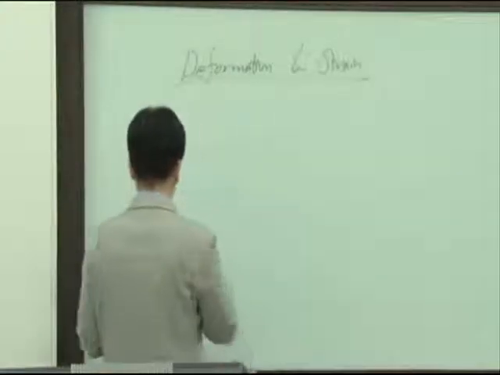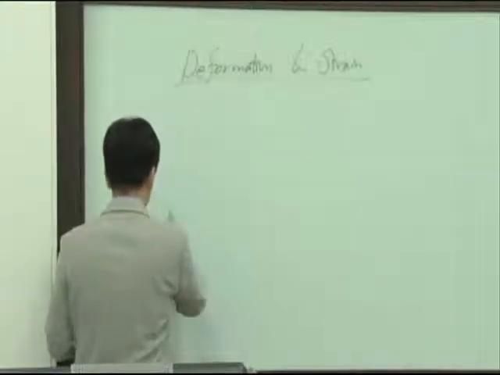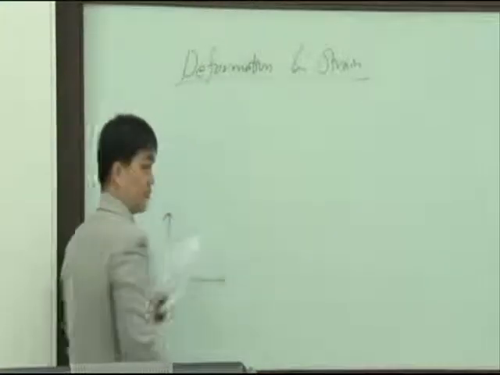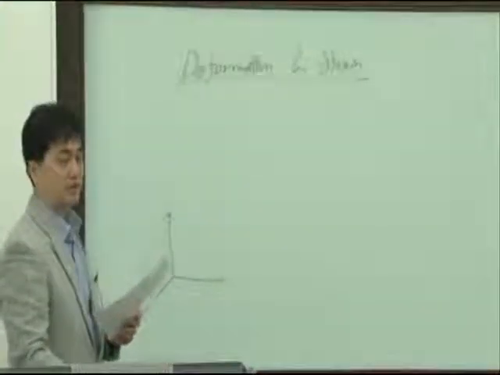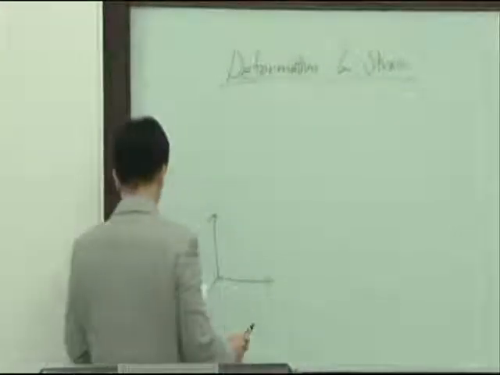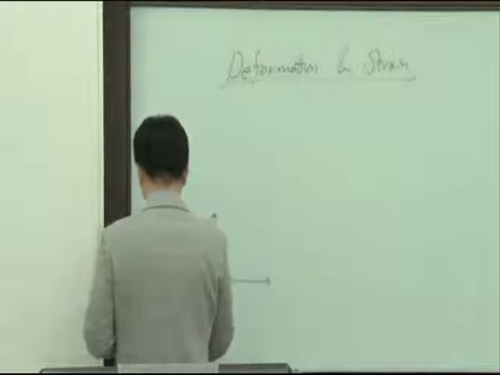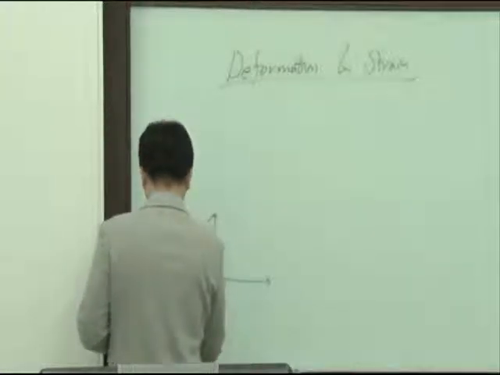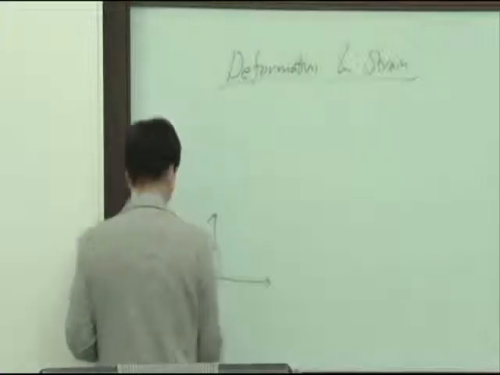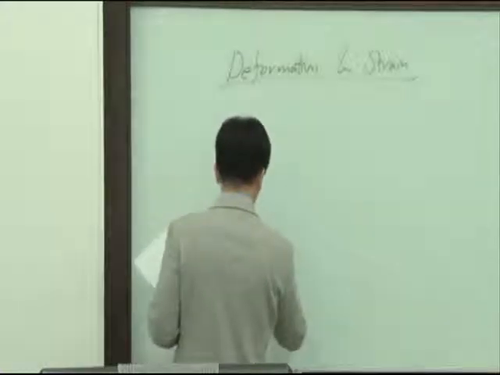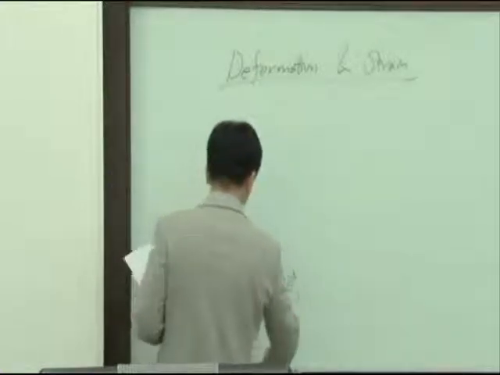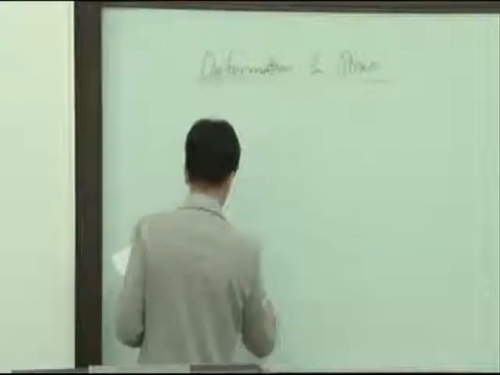First of all, let's define the coordinate system. So in geometry, to define the coordinate system is very important and basic. So let's define the Cartesian coordinate system given by three base vectors E1, E2, E3.